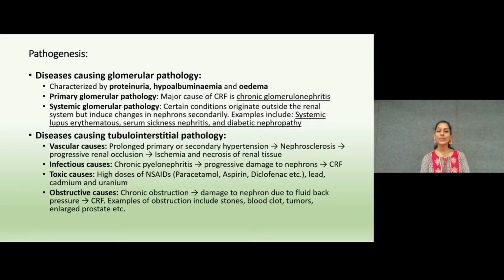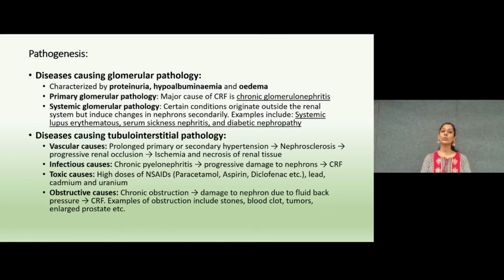Then primary glomerular pathology, where the major cause of chronic renal failure is chronic glomerulonephritis. Then systemic glomerular pathology. Here, certain conditions which originate outside the renal system induce changes in nephrons secondarily, right? For example, systemic lupus erythematosus.